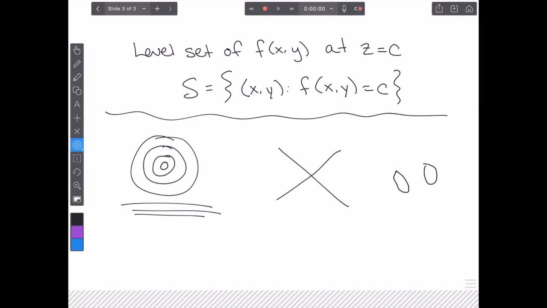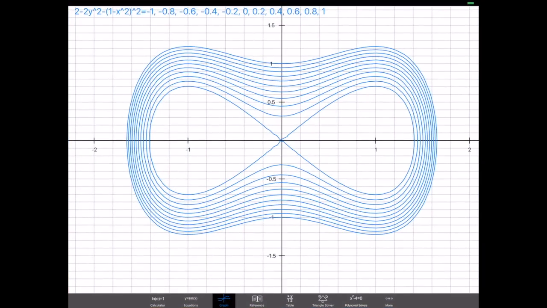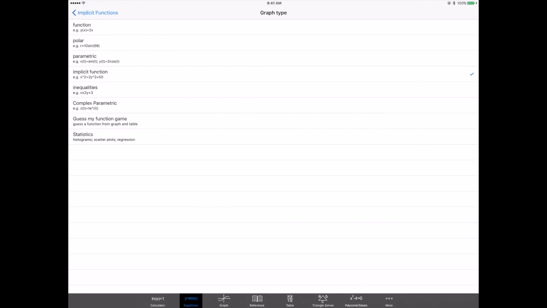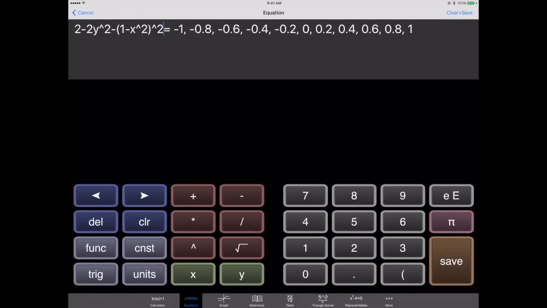Now it can be hard to put all this together, and QuickGraph isn't actually the best program to look at all of the level sets together. So there's another program that I use, and you have different modes that you can go in. You can do standard functions, y equals 2x. You can plot in polar, parametric, which we learned before, and here we're doing implicit function. I've given this function that is like the mountain with 2 peaks, and I've set it equal to a number of levels.